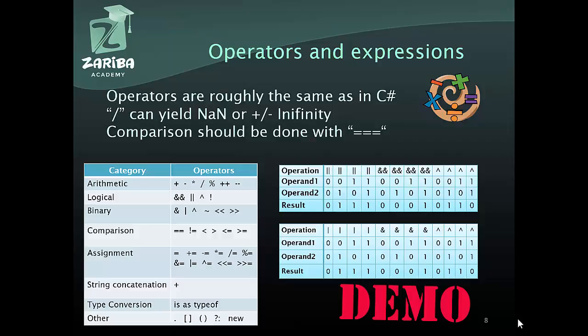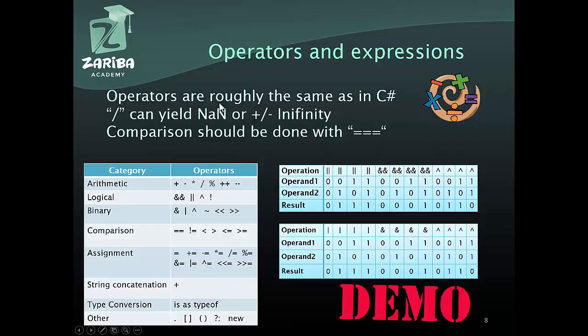In most programming languages, you'll see all of the operators that we know from C sharp, including the binary operators, also the bitwise ones, for assignment, comparison, conversion. The ternary operator is also here. You can use that as well.